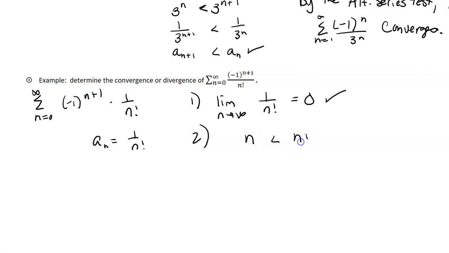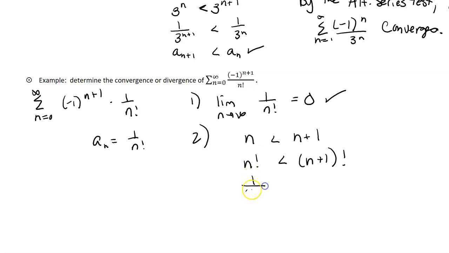We're going to take that same approach we took last time. We know that n is less than n plus 1, so that means the factorial of n plus 1 is going to be larger than the factorial of n. This should make sense to you. Think about numbers. If you plugged in a 4 here and a 5 here, you would have 4 factorial is less than 5 factorial. That's going to be true.